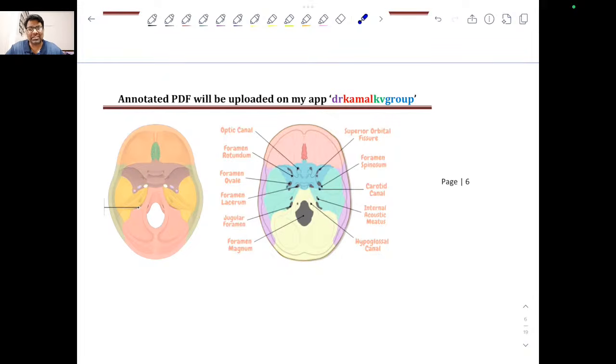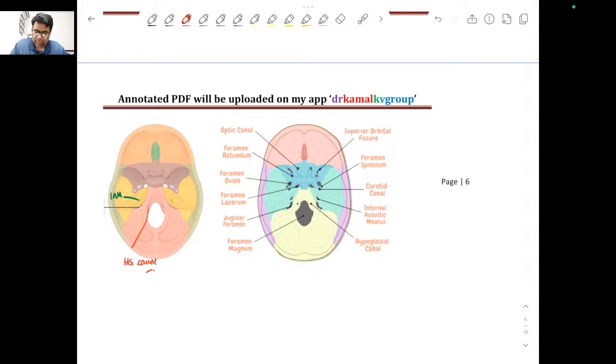We have one external acoustic meatus, this one is internal acoustic meatus, and through it there is passage of the 7th and 8th cranial nerves. Then this one obviously foramen magnum, and this is the hypoglossal canal which is giving way for the 12th nerve.